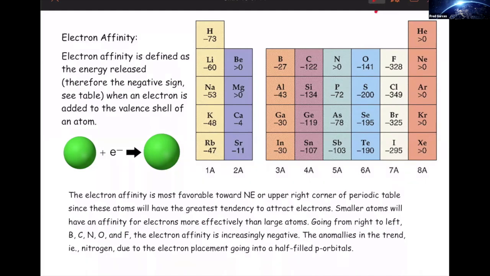Electron affinity is the energy gain or loss when an electron is added to an atom. So here's the electron, because generally energy is released. And remember, when energy is released in a chemical reaction, it's called an exothermic reaction. And if energy is released, then we say delta H, the heat, is negative, meaning that the system is going to lose energy.